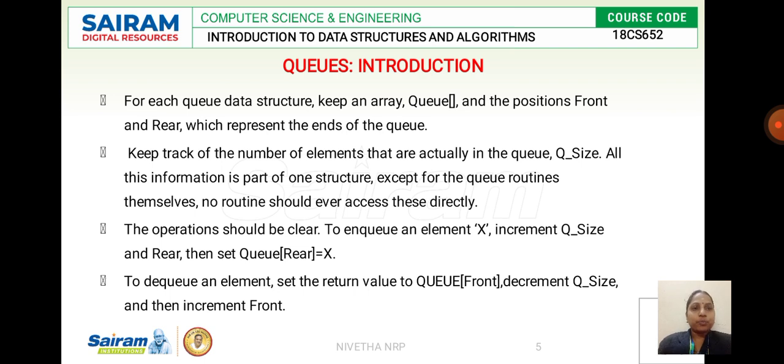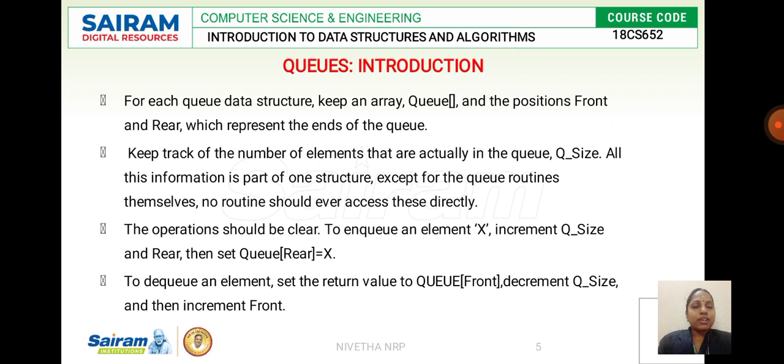Here both the front end and the rear end will be at the -1 position before starting the initialization of queue. That -1 position means we don't know where the free space is available in our system. It varies. So wherever there is a free space, your pointer will be pointing to that.